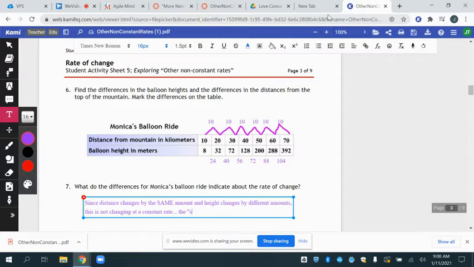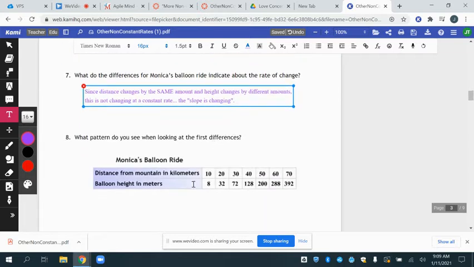Why? Because the slope is changing. The slope would be one of these divided by one of those. And that fraction is going to change every time. 10 and 56 are going to make a different fraction than 10 and 24, and so on and so forth.